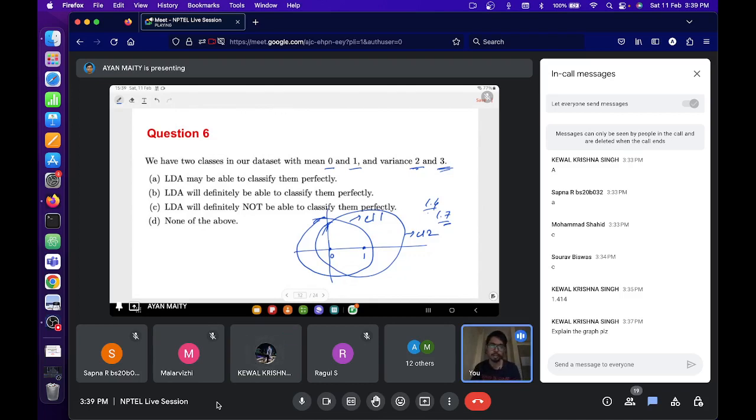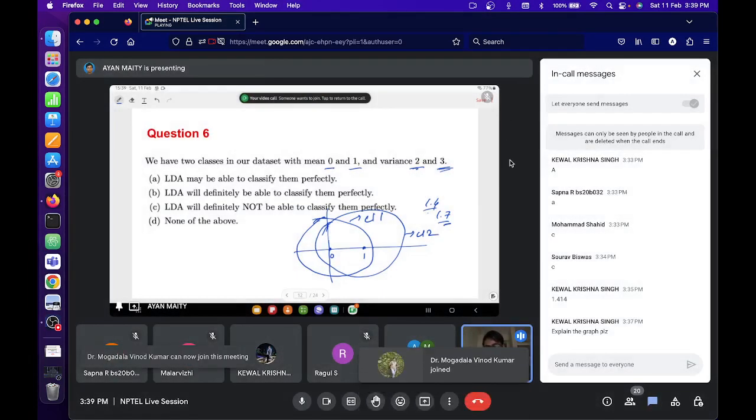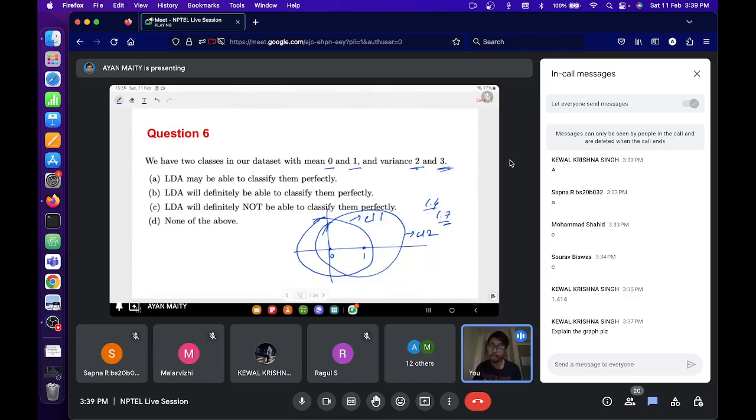The mean value is 0 for class 1, and the mean value is 1 for the second class, and the variance is 2. So the standard deviation is around 1.4. So there are some points beyond 1 also for class 1, which is centered at 0, isn't it? Those might be the outliers.